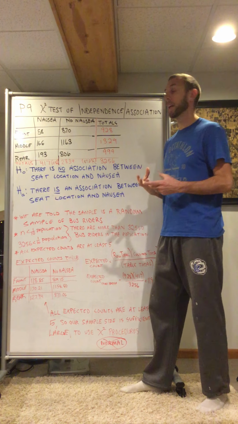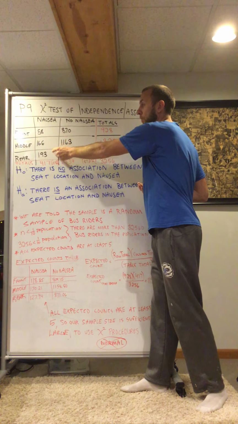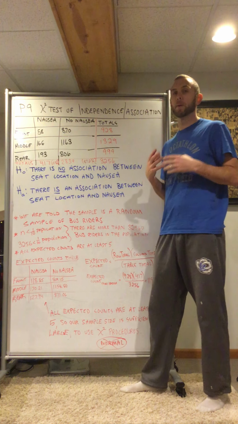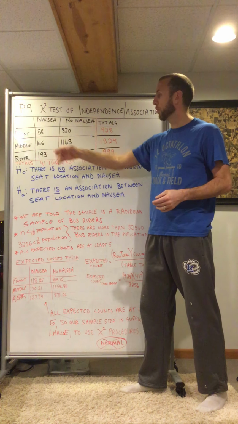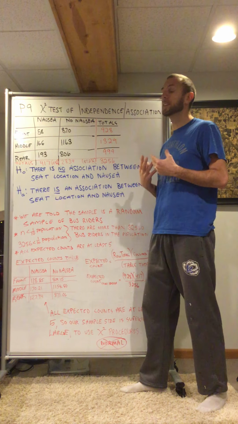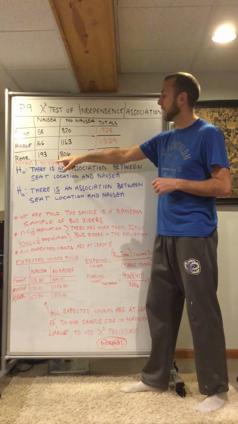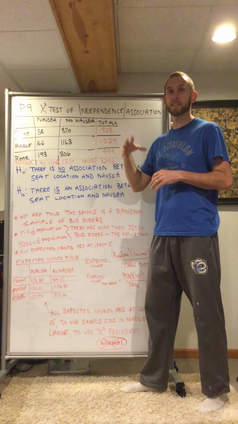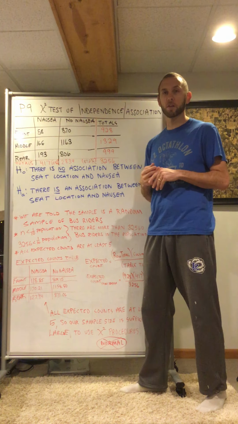Now I haven't calculated the conditional probabilities in here, but I would guess they're not equal to 12.8%. We're really going to test to see if there is statistically significant evidence that this sample was unlikely to have occurred by chance alone.